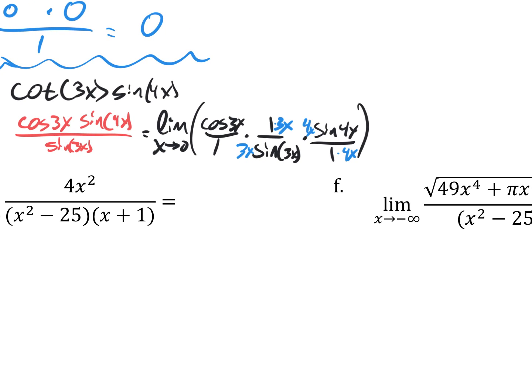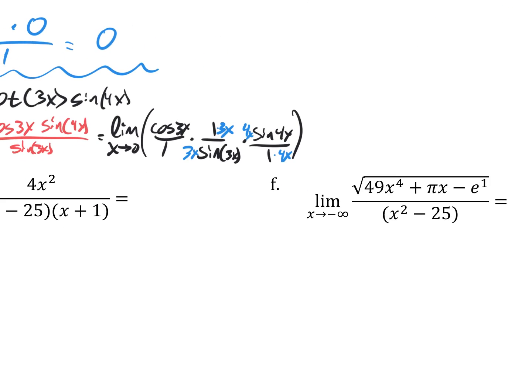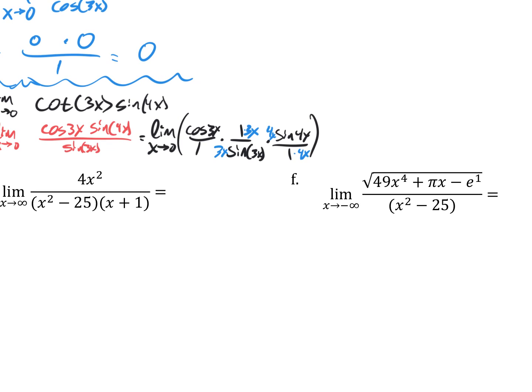Well, let's see, I'm running out of a little room. Well, that's okay. We'll sneak over here. Okay? So what happens is this. We've got as x goes to 0, all right, this cosine of 3x is going to, well, it's just going to cosine of 0, which is 1.